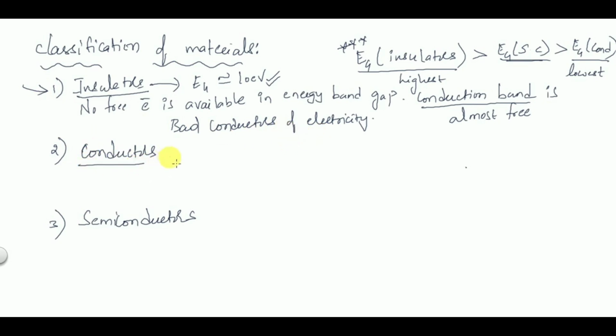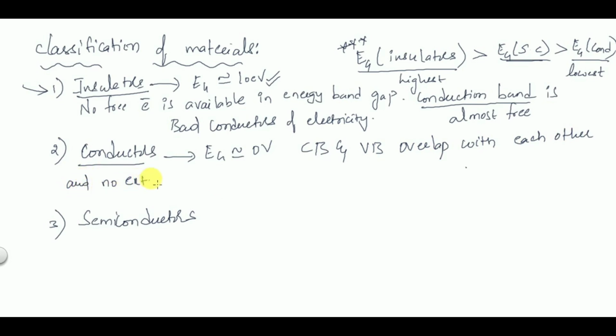In the case of conductors, Eg is almost equal to 0 volts. The conduction band and valence band overlap with each other, and no external energy is required to excite an electron from the valence band to the conduction band.